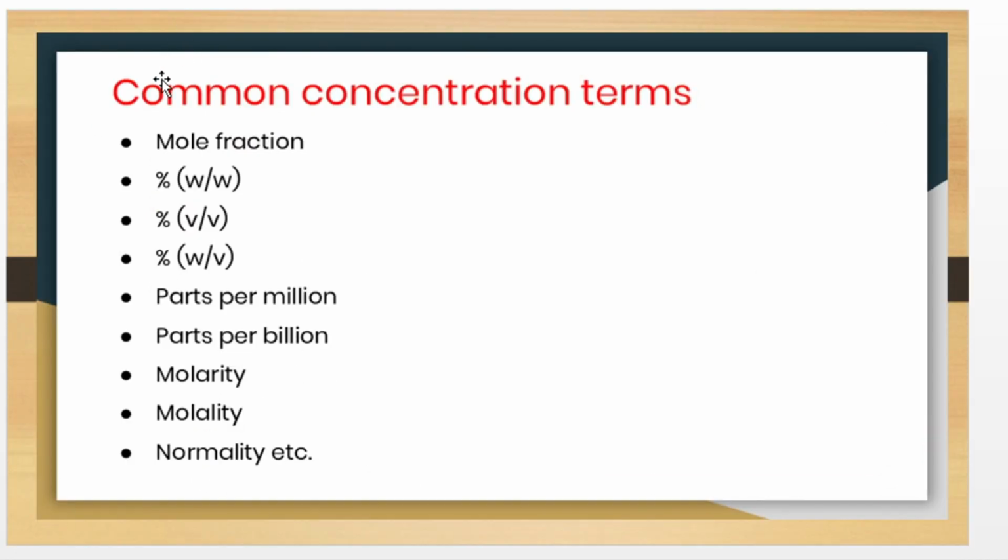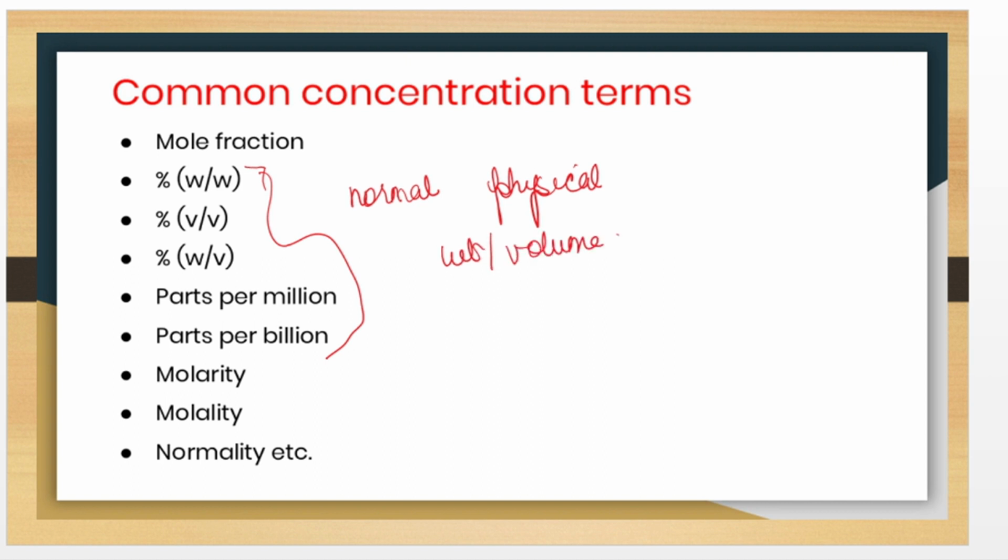We have various ways to express concentration terms, and we have listed them here, like mole fraction and percentage. In these, we are using normal physical quantities of measurement like weight and volume to specify the concentration.